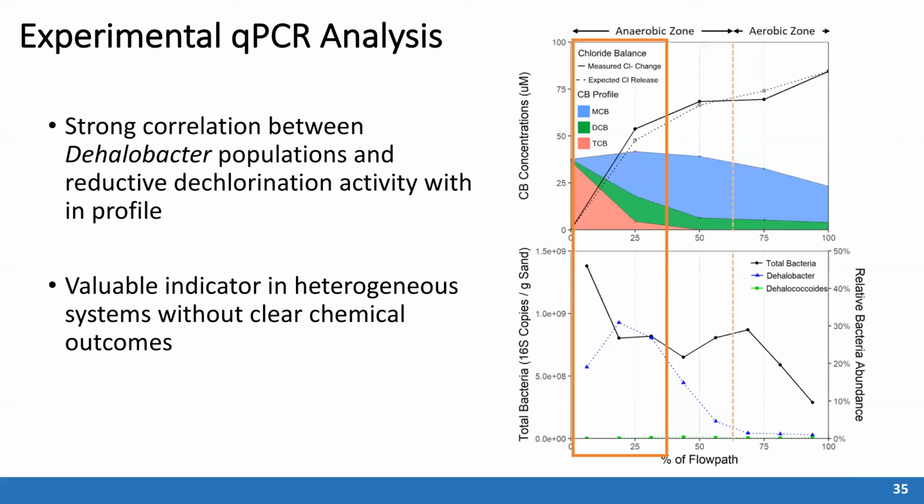But more importantly, here are two organisms that are known to do anaerobic reductive dechlorination, Dehalobacter and Dehalococcoides. And in this case, we did not find any Dehalococcoides. The green line is essentially at 0 across the flow path. But the blue line, Dehalobacter, was high in the anaerobic zone. And then when you got to the aerobic zone, it tapered way off.